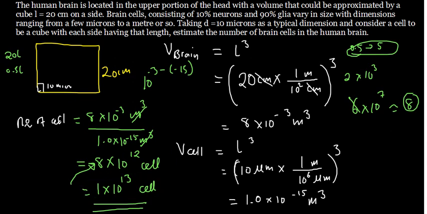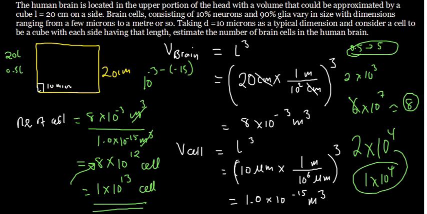So if you round off 8, it is much closer to 10, right? So I'll write 1, or in other words 10. Now 10 times 10 to the power 12 will give you 10 to the power 13. That's the thing. So if we add 2 times 10 to the power 4, this one rounded off is just 1 times 10 to the power 4 as an order of magnitude. Is that okay?